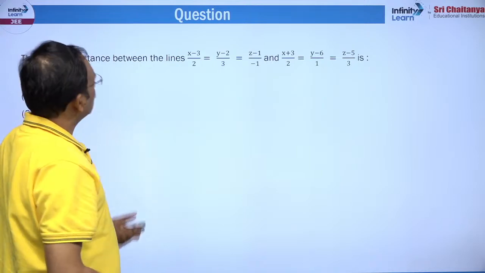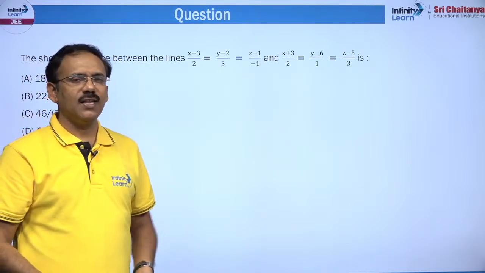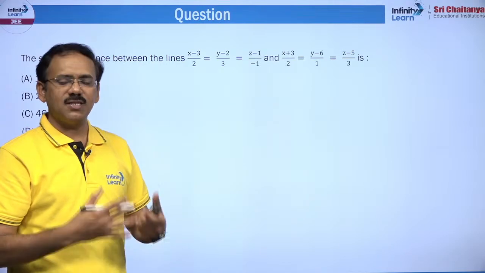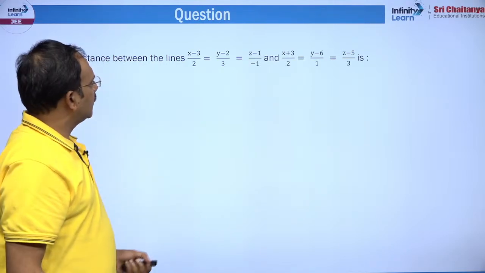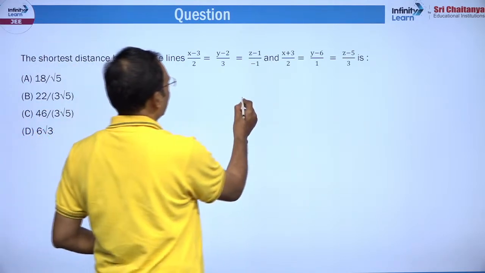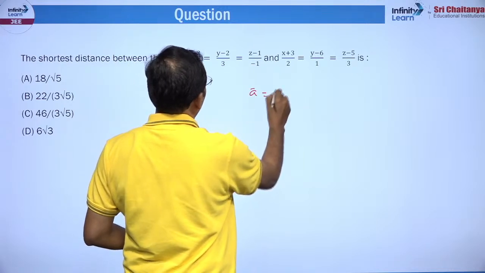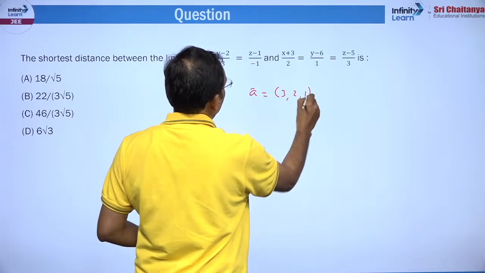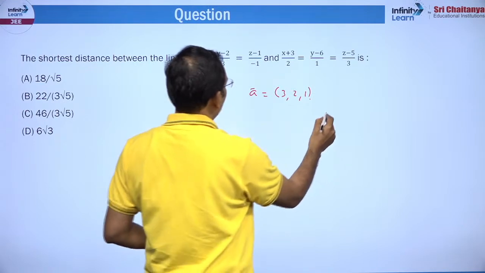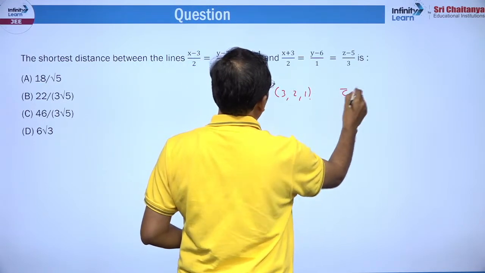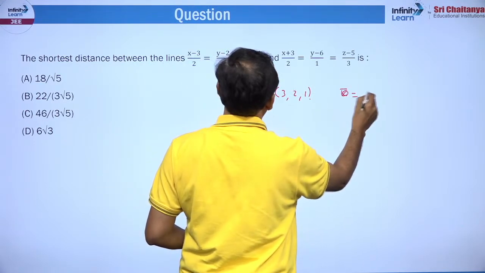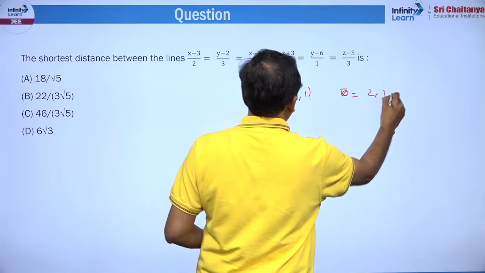Next, my dear friends, shortest distance between two lines. What an easy and standard problem. You see, suppose here the point on the first line, a bar, I can say 3, 2, 1 and b bar you can write as the drs 2, 3, minus 1.